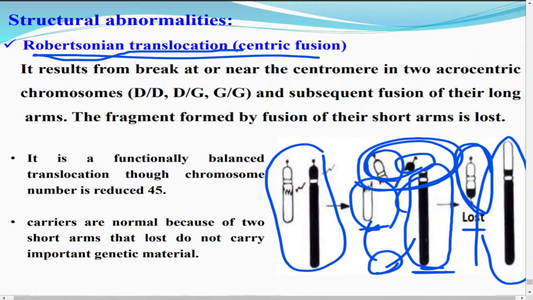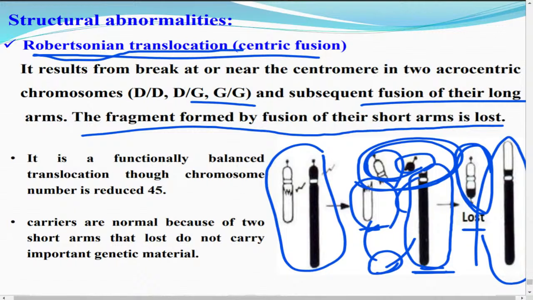translocation, centric fusion. It results from breaks at or near the centromere in acrocentric chromosomes DD, DG, and GG, and subsequent fusion of their long arms. The fragment formed by fusion of their short arms is lost.